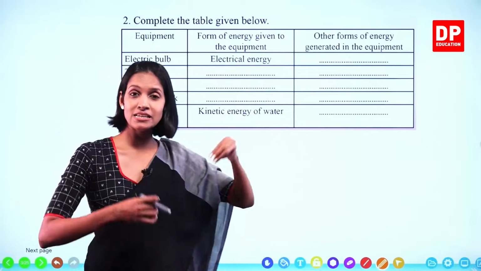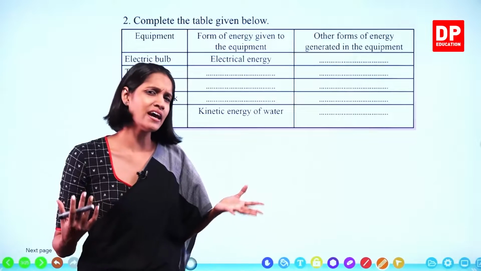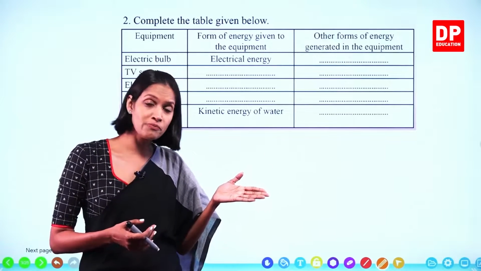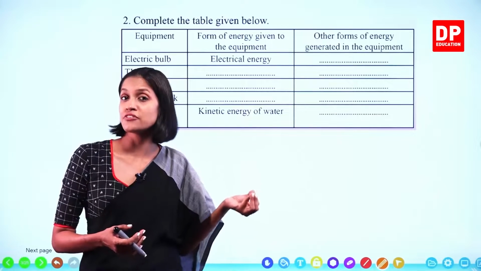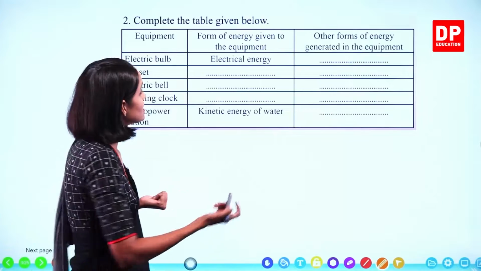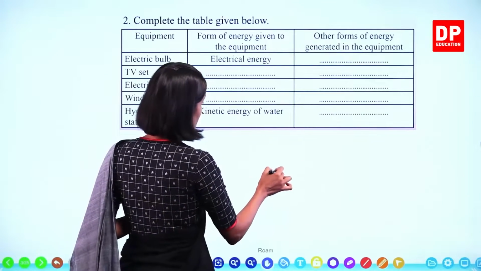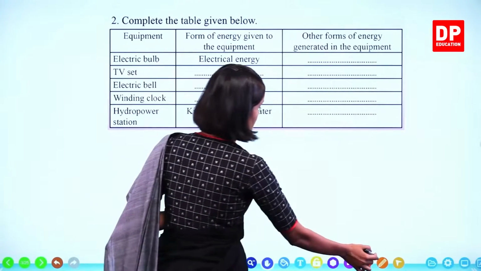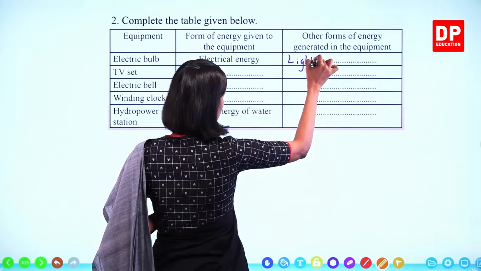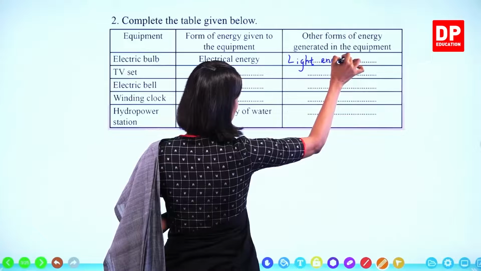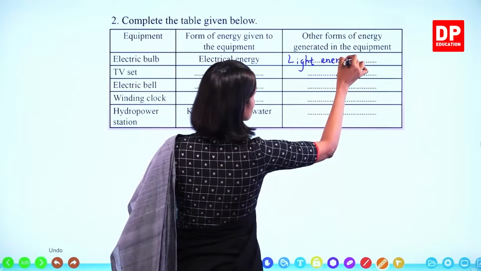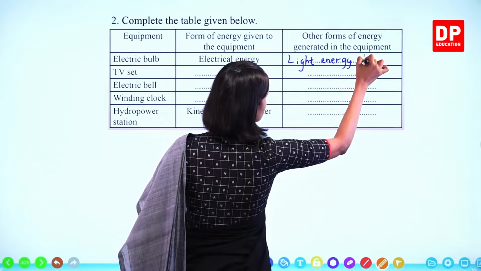Because of electricity, it produces light energy, and at the same time, after a little while, if you touch the surface of the bulb, you can feel that the surface is heated up, which means heat energy is also generated, right? Therefore, let's write this. Light energy and heat energy.